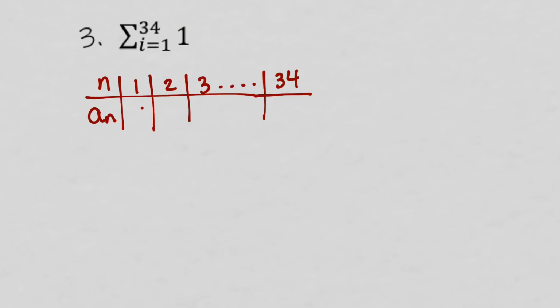So each time it's 1, and it's adding 1 each time. I know I have 34 numbers that are all number 1, and they're all being added together. So I know my sum is actually 34, because 1 plus 1 plus 1, 34 times is going to equal 34. So that one just looks a little different because there's no variable. So I can take the 34 times that 1. If that number would have been a 2, I could have taken 34 times 2.